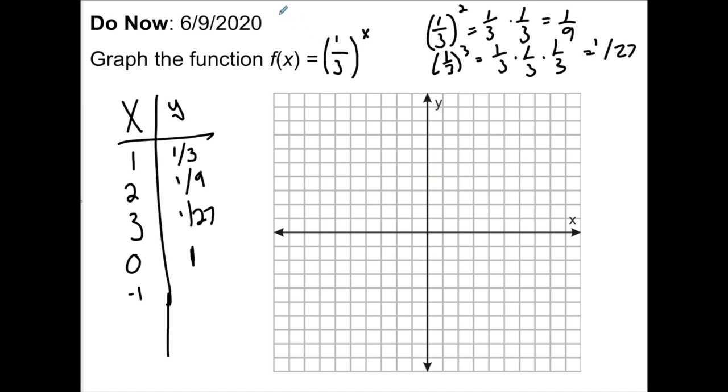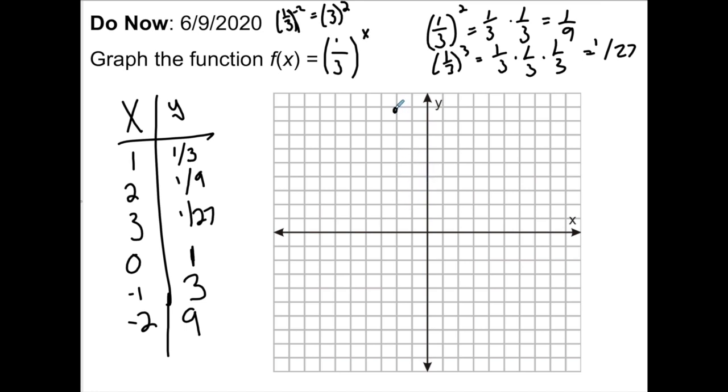I plug in -1, and I remember that a third to the -1 becomes 1/3. Well, what happens is it flips to become a 3, and the -1 becomes a +1, and 3 to the 1 is 3. Now for -2, again because of the laws of exponents, first it flips to a 3, and the negative flips to a positive, so I get 3 squared, which is 9.